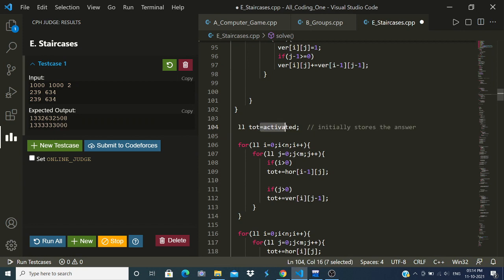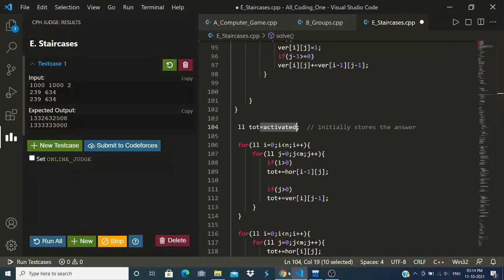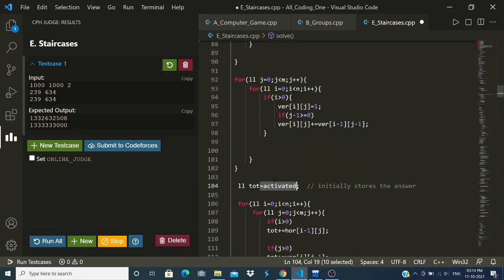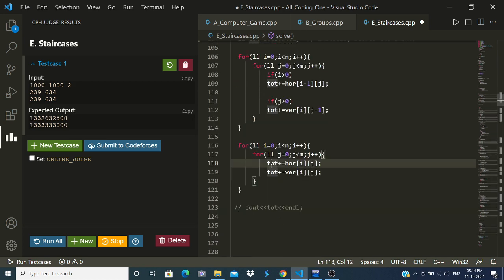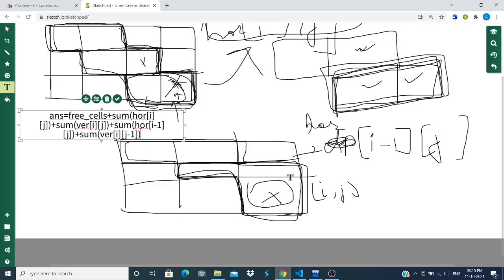I have the count of the free cells, and then I have simply added the sum of all the horizontal staircases, the sum of all the vertical staircases, and then for every cell, how many patterns end up at this cell is basically horizontal of i minus 1, j.